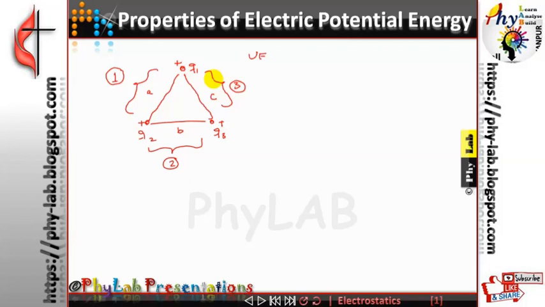So let's go ahead with the potential energy of each pair of charges. For the first pair, what is the nature of the charges?